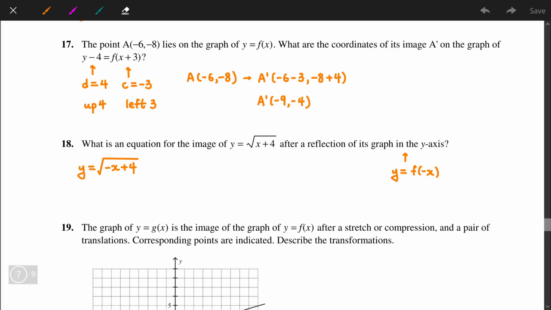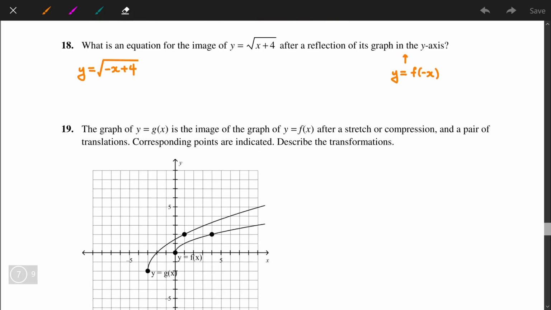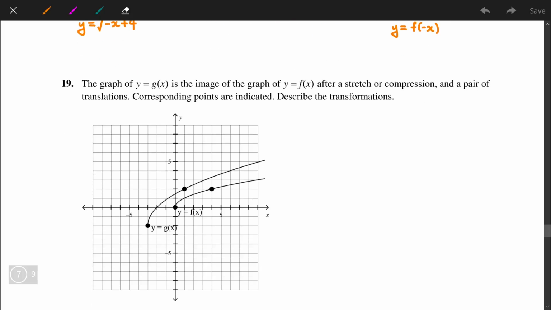Okay, moving on to number 19. The graph of g of x is the image of the graph y equals f of x after a stretch or compression and a pair of translations. So the corresponding points are once again indicated. We are to describe the transformation. So the points in the original f of x were 0, 0, and 4, 2.